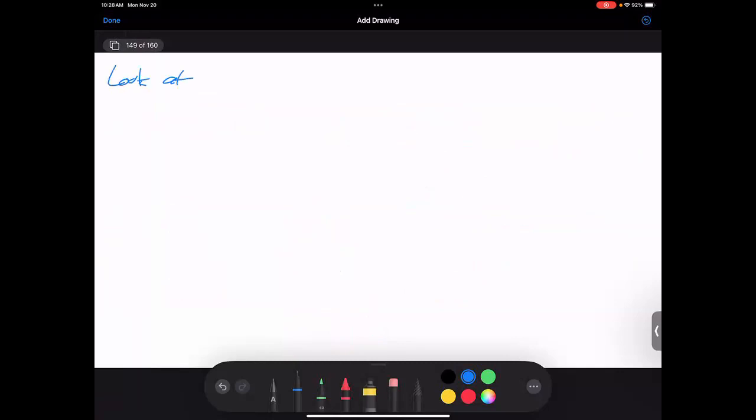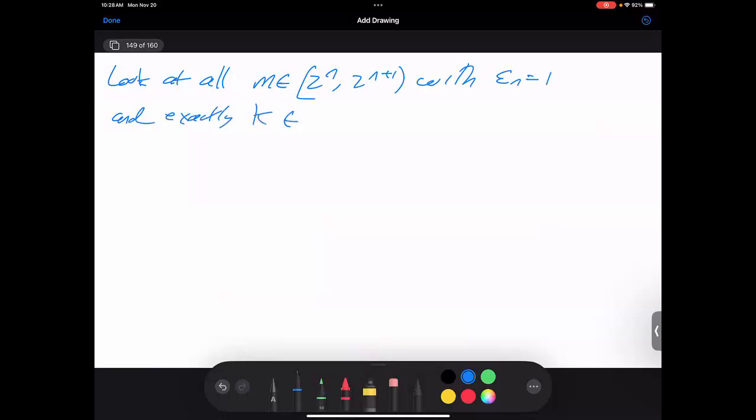So now, look at all m in 2 to the n plus 1, with, of course, epsilon n equals 1, and exactly k of the epsilons from 0 to n minus 1 equal to 1.